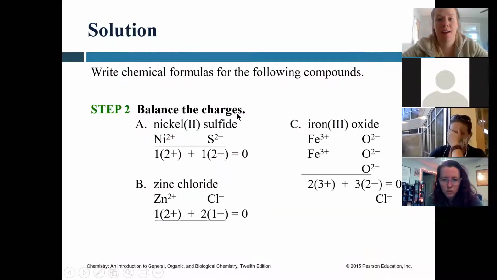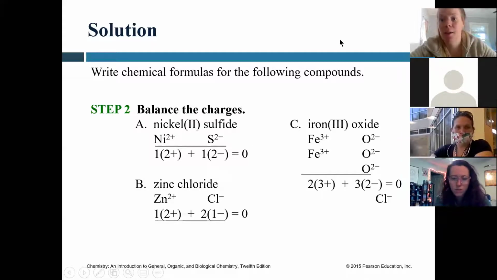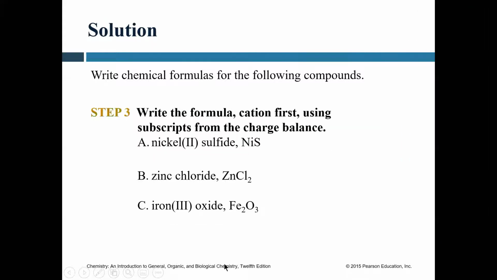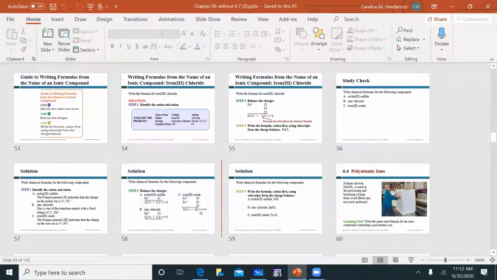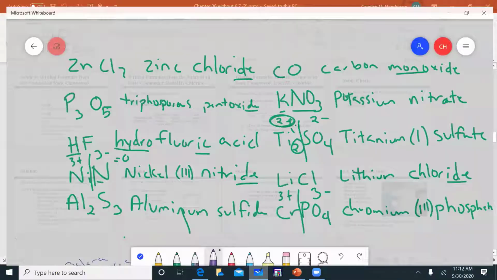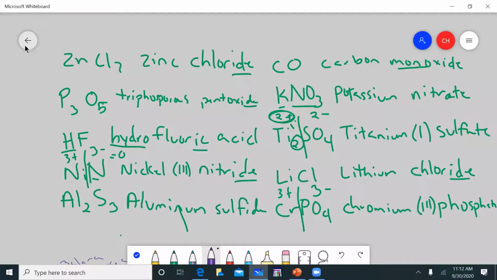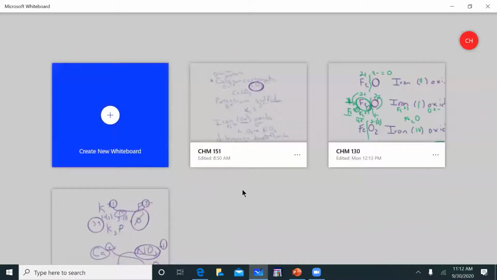Great. Okay, we're just going to do some more practice with this before we get into polyatomic ions. I'm also teaching nomenclature right now in my 092 class.